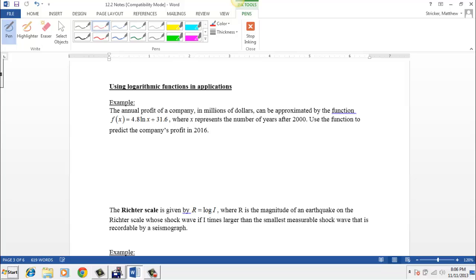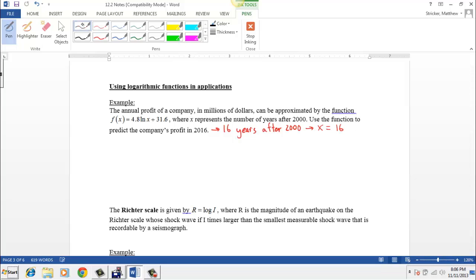Well, 2016 is 16 years after 2000. So that tells us that x is 16.